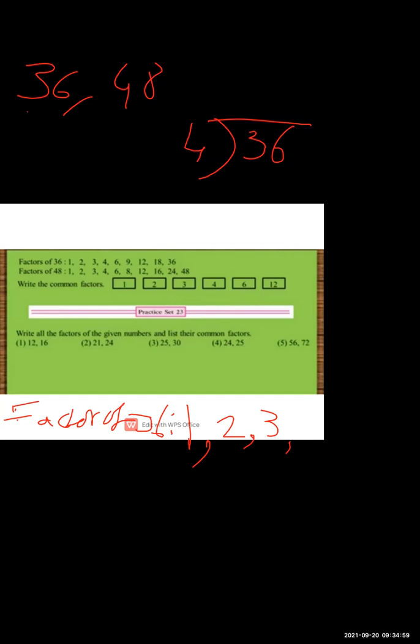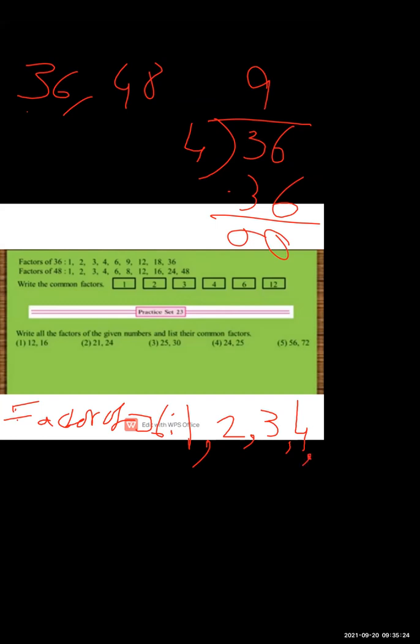So how many 4s are 36? Come on, write down. Yes, 4 nines are 36. It means 4 is also a factor of 36.